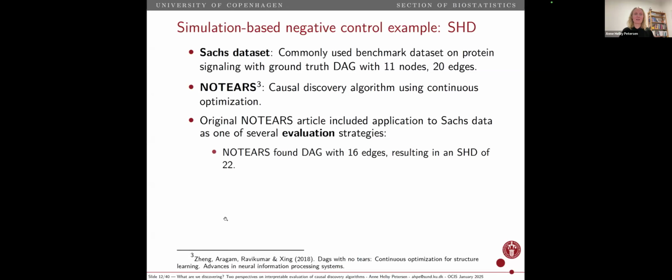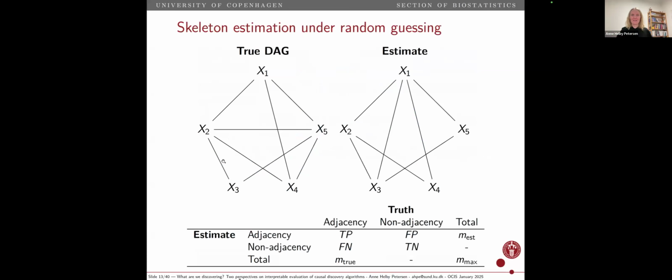You actually find a 95% confidence interval that has 22 as its lower limit. So this suggests that even from this simple evaluation, you would end up concluding that there is no significant difference from random guessing on this specific application. That can be a way to understand how we should interpret this structural Hamming distance of 22.